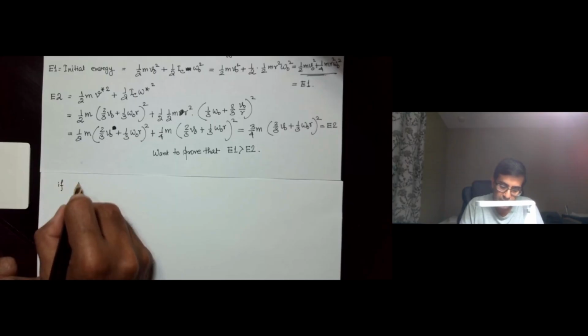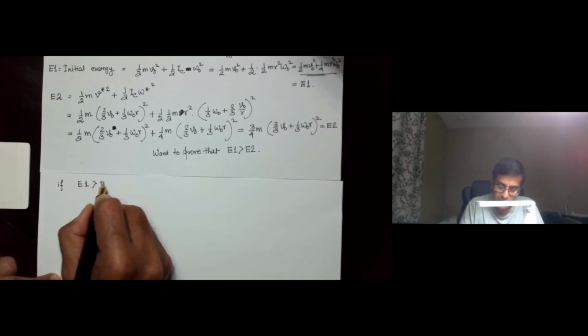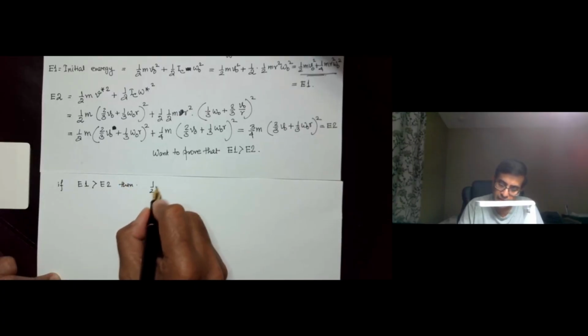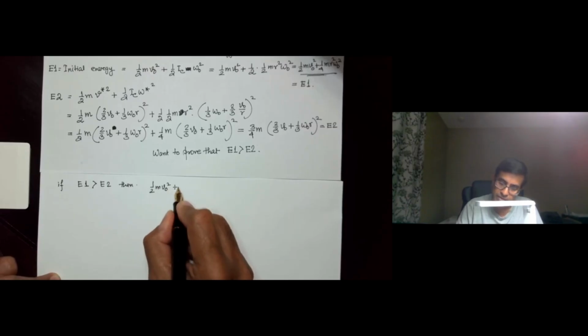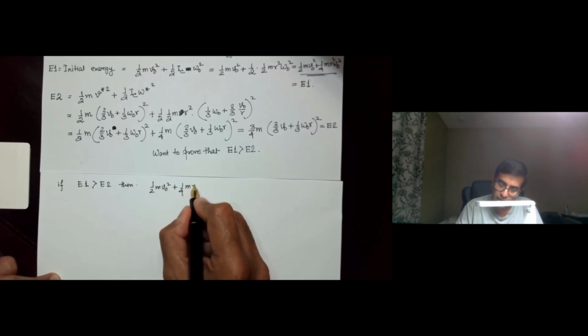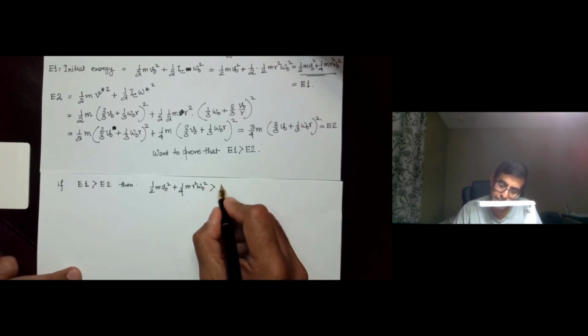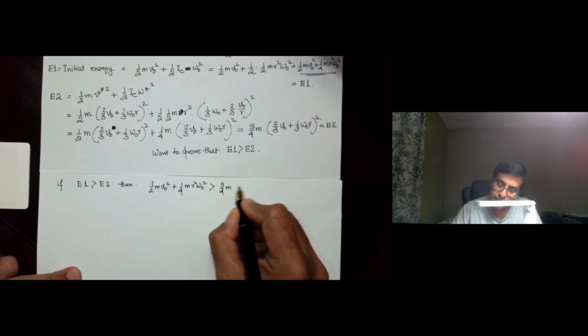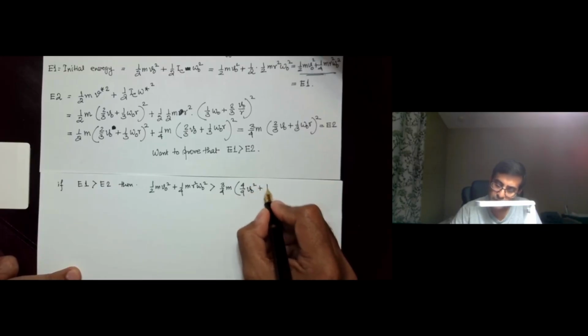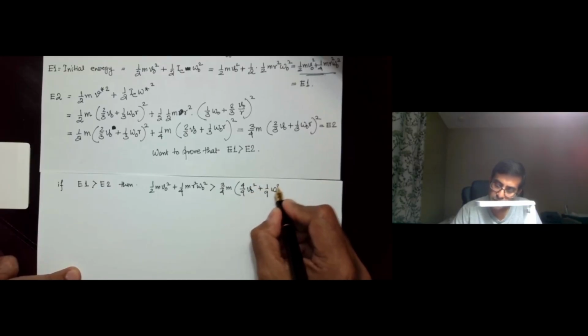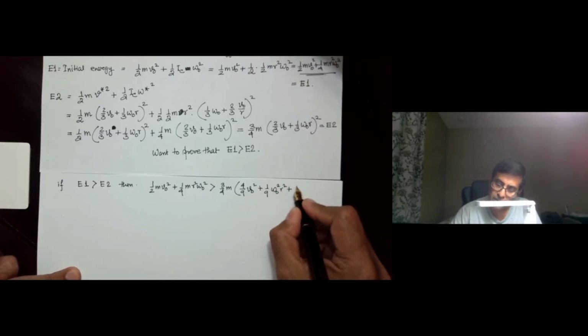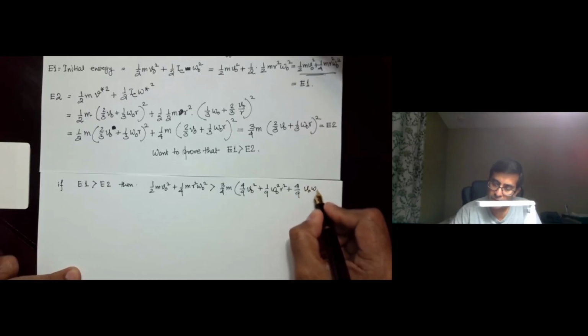So if E1 greater than E2, then half m V naught squared plus 1/4 m r squared omega naught squared is greater than 3/4 m times 4/9 V naught squared plus 1/9 omega naught squared r squared plus 4/9 V naught omega naught r.